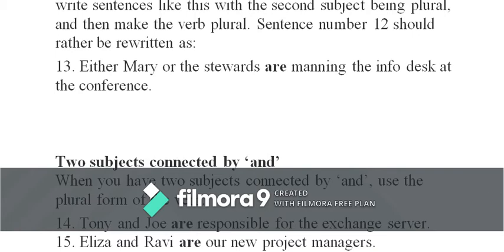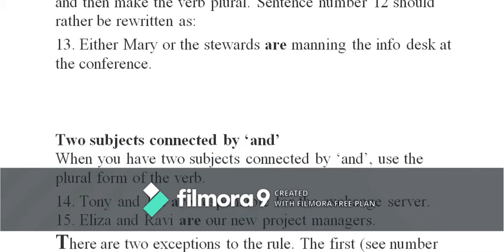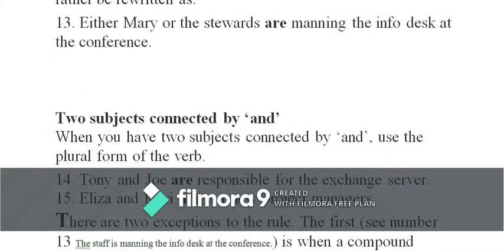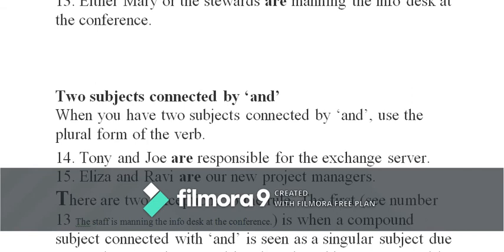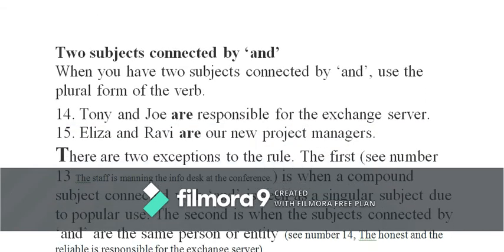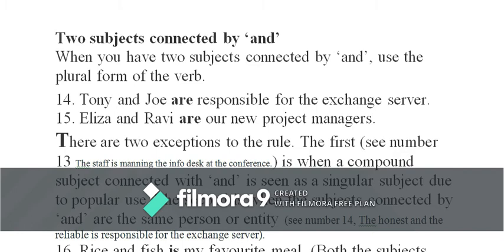Now we are considering the rule with and. When two are given, we replace the subject with one word and we try completing the sentence. Mary is a staff member and others are also staff members. So I replace the words Mary and other staff members with the word staff.